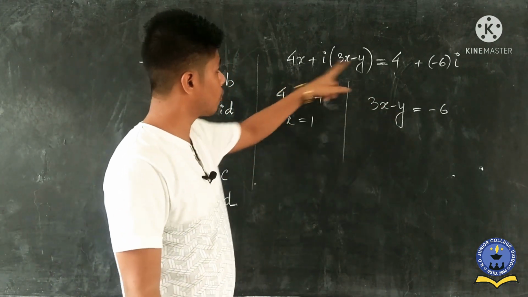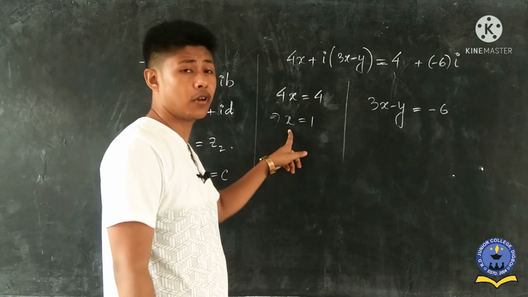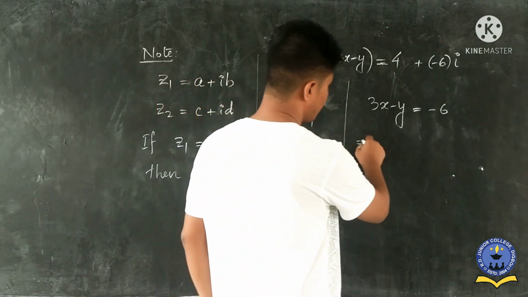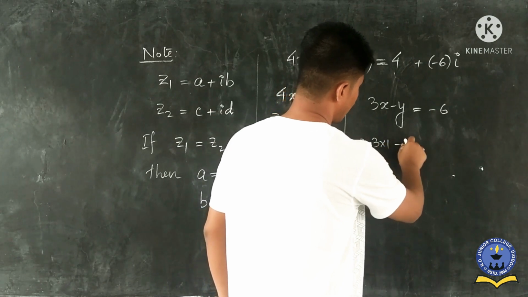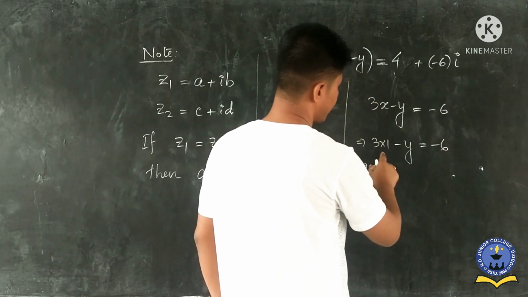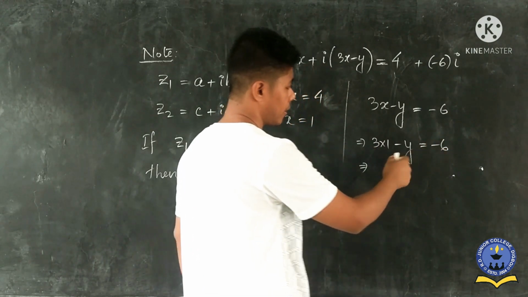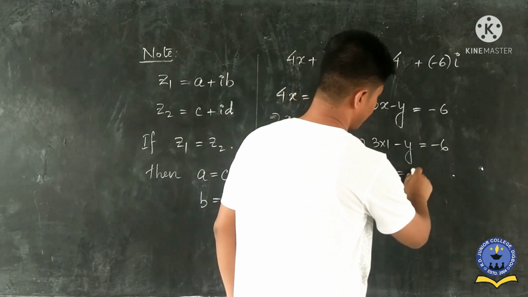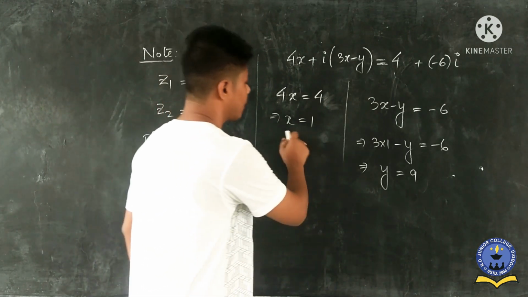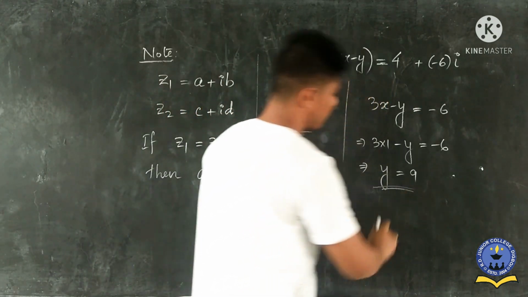Already if we compare 4x equal to 4, then we get the value of x is 1, and if we put this x value here, we get 3 into 1 minus y equal to minus 6. From here, if you shift this 3, minus 9, ultimately we get y equal to 9. So in this way we can find out the value of x and y.